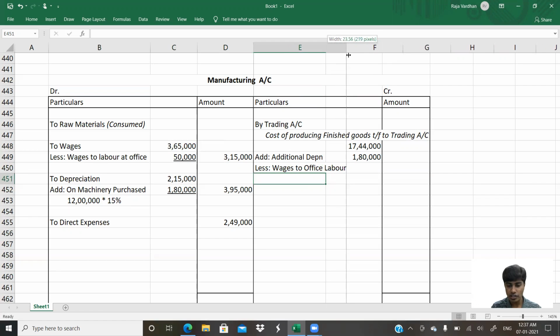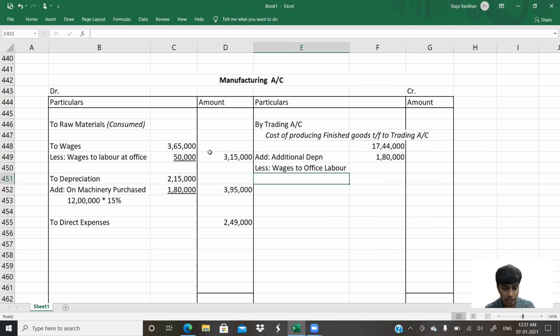Because the wages to office labor is basically wrongly included in wages and I'm decreasing wages. When I decrease wages, my cost of production is reducing. If I wrongly write wrong expenses, my cost of production will increase. Now it's like this. I'm manufacturing water bottles. When I'm manufacturing water bottles, I should only write those costs incurred in manufacturing water bottles. If I wrongly write some of my personal expenses, the water bottles cost will increase. When I remove it, cost will decrease. So that's the point. How much is it? 50,000.